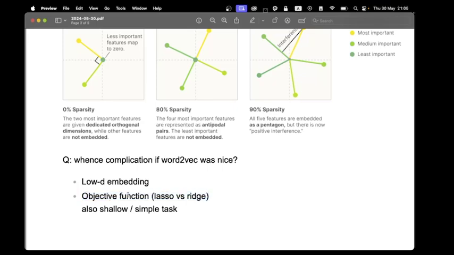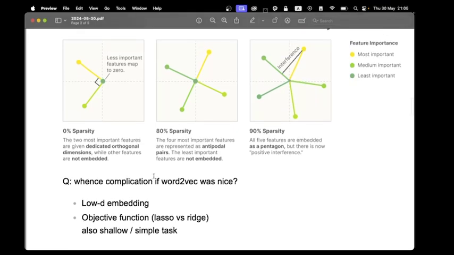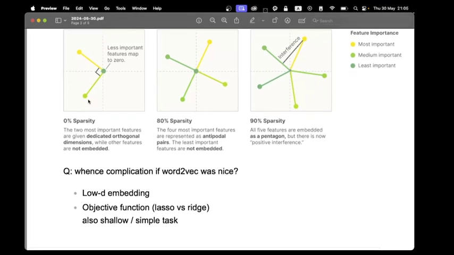The other idea is the objective function. That is the function we are minimizing. It would seem that depending on your choice of function, you can push features to be orthogonal.